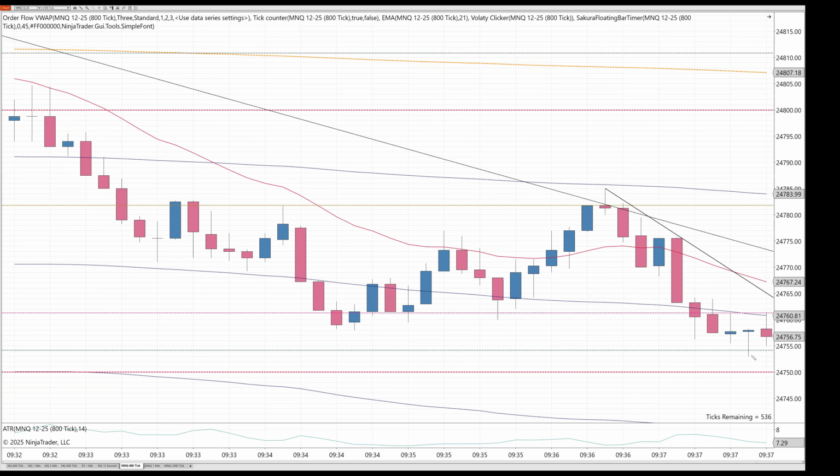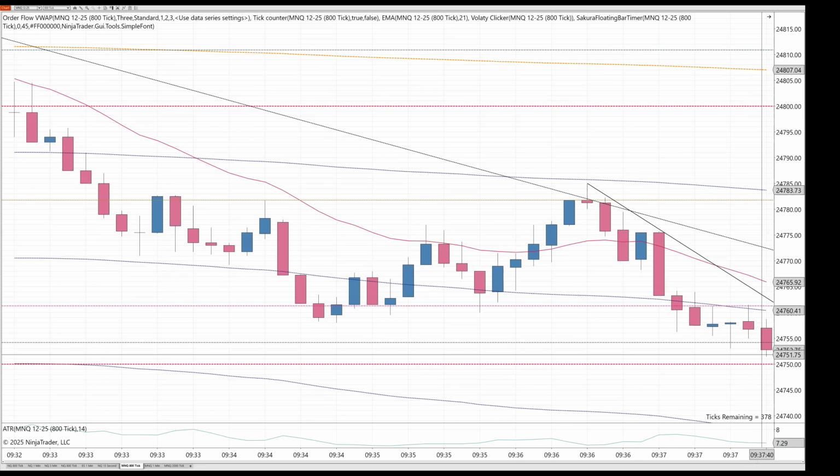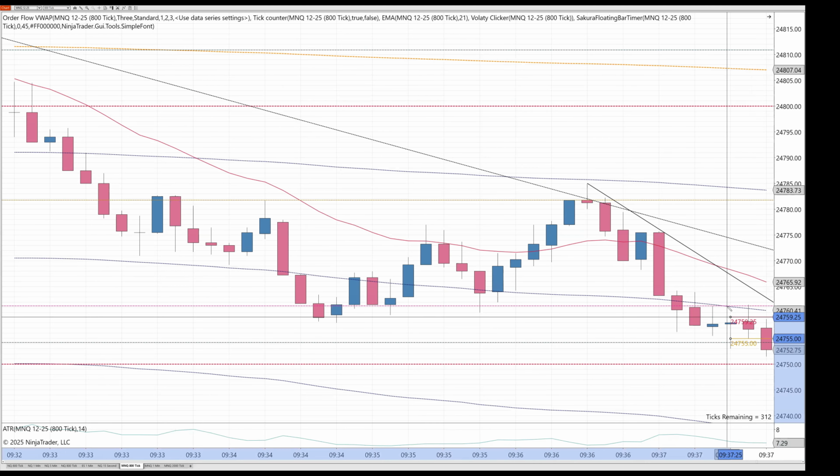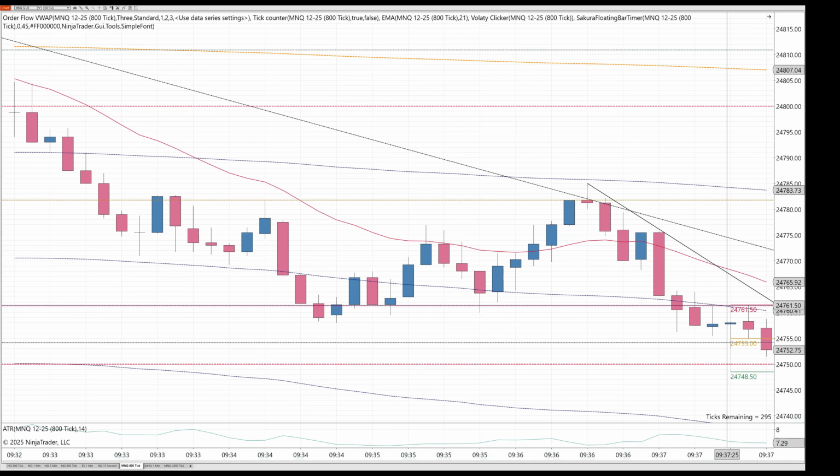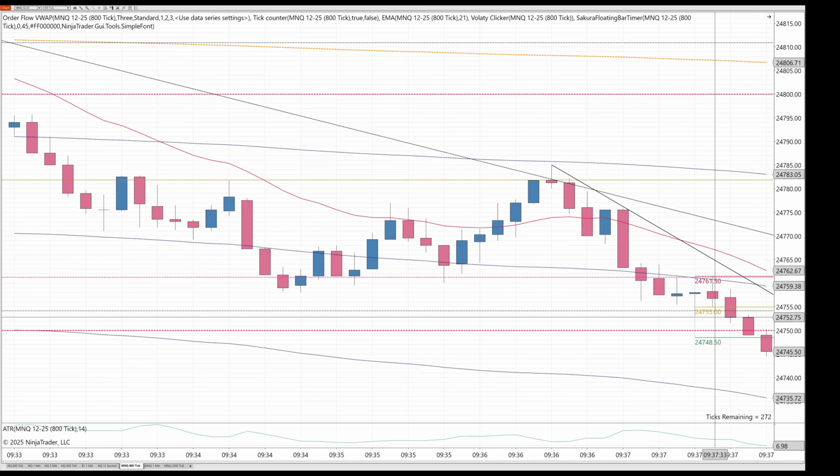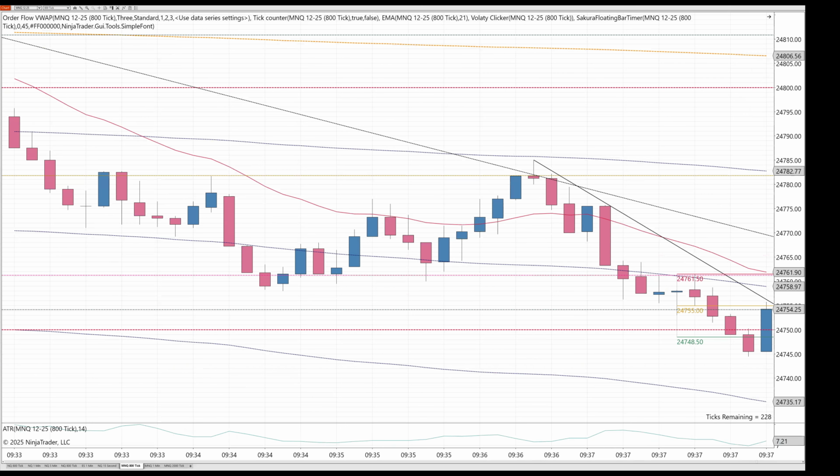All right, runner just got stopped out. This would be a bearish signal if we get it, but we have the 50 level right here, so I wouldn't take it, but I'm going to go ahead and mark it. Did end up working. And the runner just got stopped out.